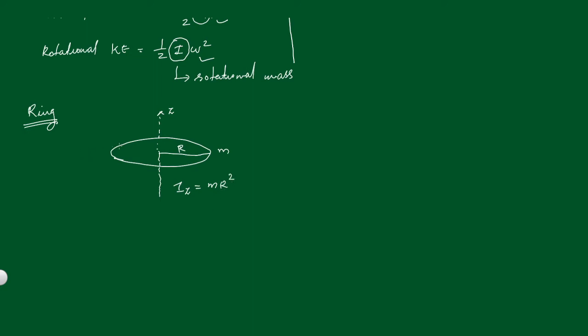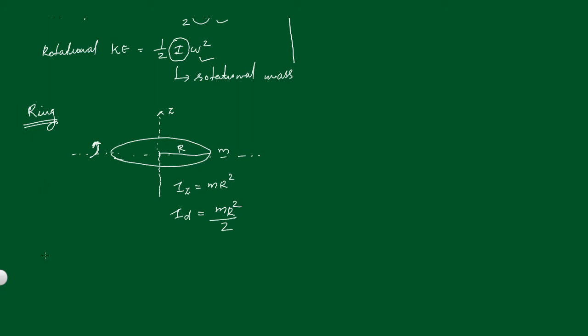And if this ring is rotating about a diagonal axis like this, then the moment of inertia will be equal to m r square by 2. This is for the case of a ring.